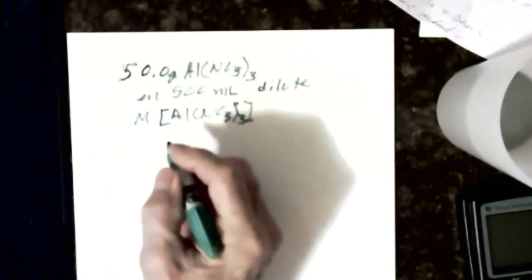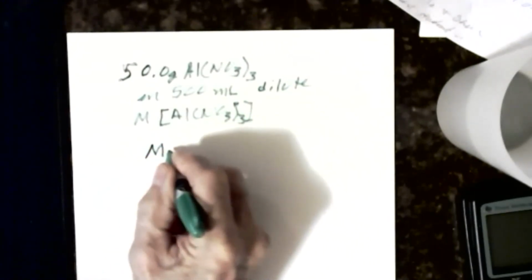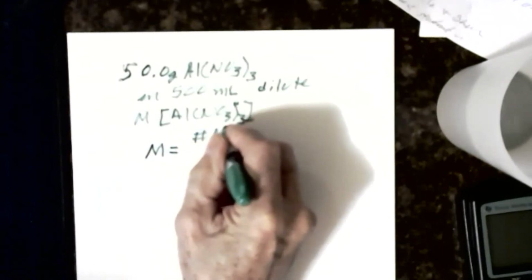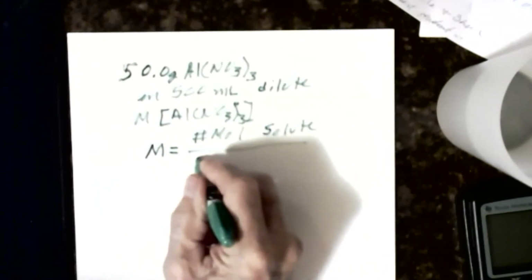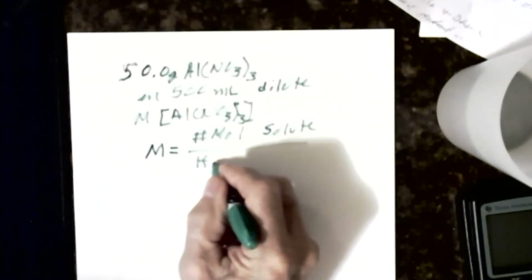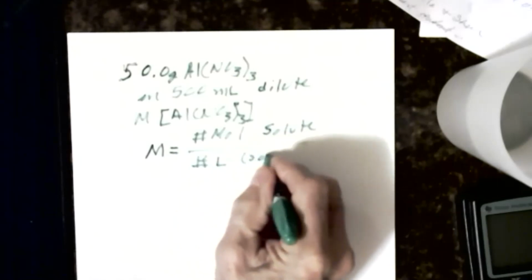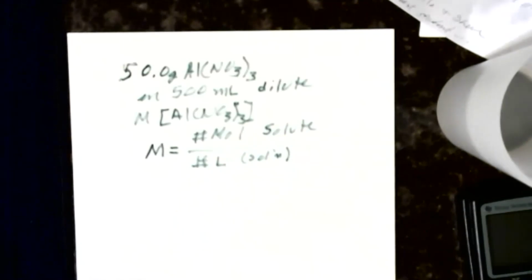Okay, so we've got 50 grams, and we remind ourselves what molarity is. It's the number of moles of the solute, aluminum nitrate, divided by the number of liters of the solution.